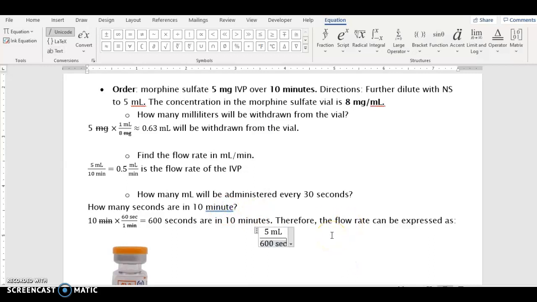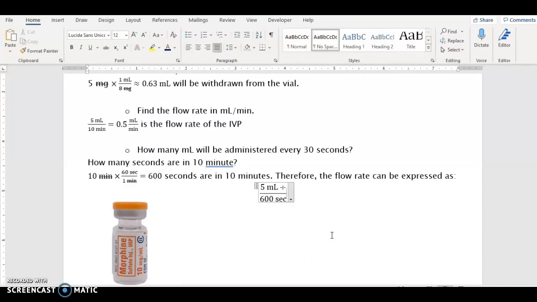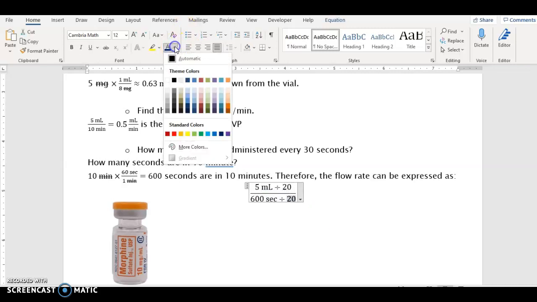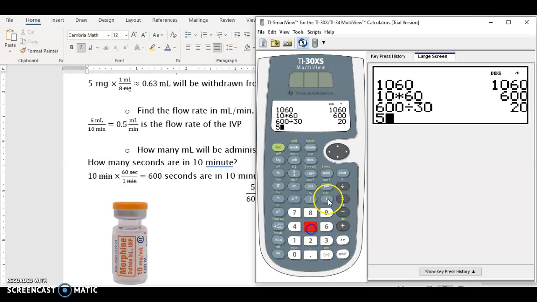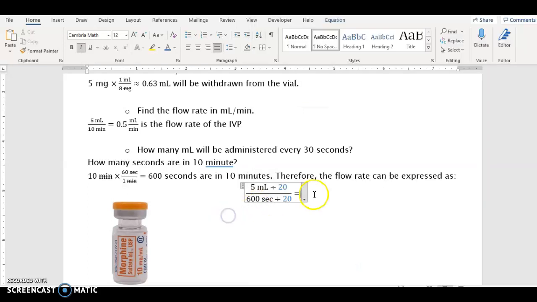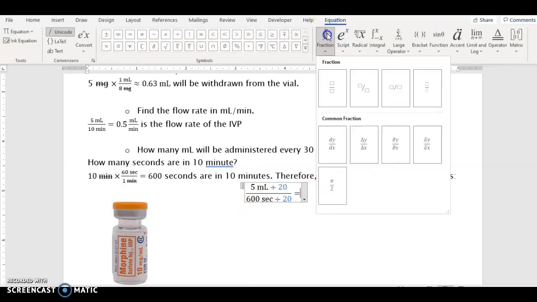So we're going to divide the top and bottom of this fraction by 20, and then simplify. 5 divided by 20 is 0.25, and 600 divided by 20 is 30.